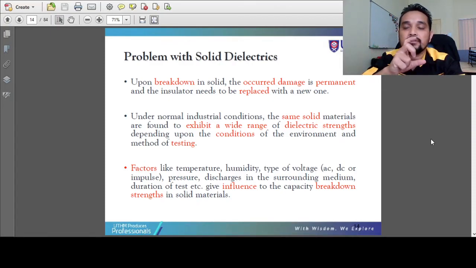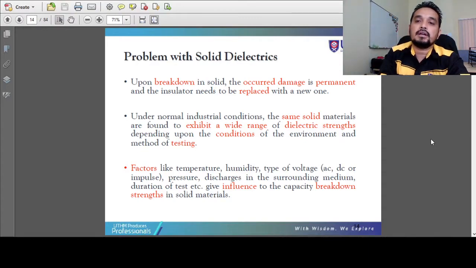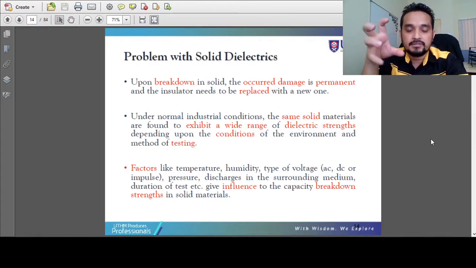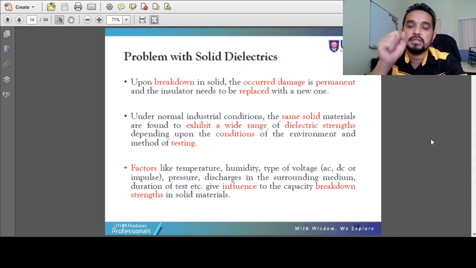Unlike gas, in which even after multiple breakdowns, the gas can regain its original properties due to the nature of the gas, which can be replenished. But for solid dielectric, once the breakdown has occurred in the solid, that insulator needs to be replaced.